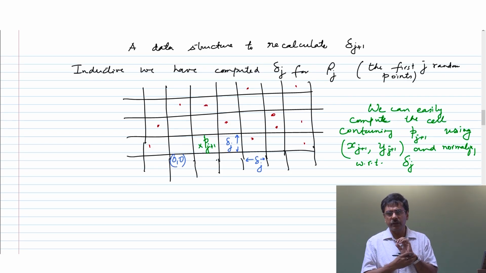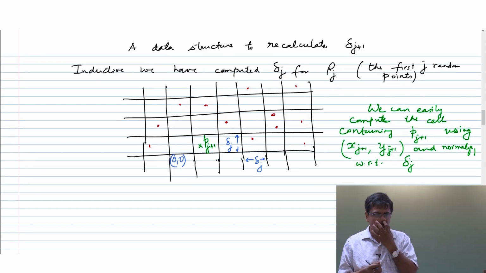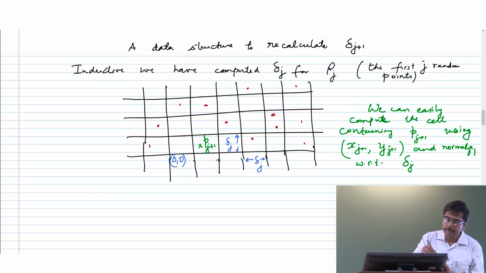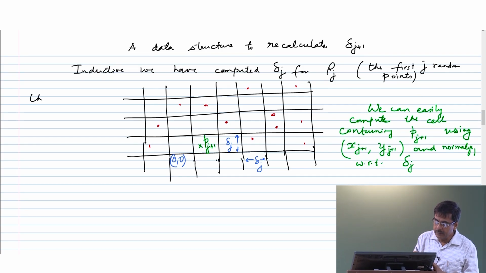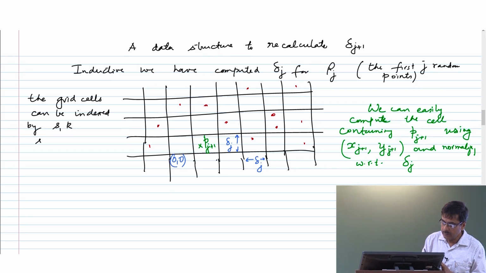So, what is the coordinate basically, which cell it is going to fall in. The cells are going to be numbered by some integers, cells can be like m, n kind of, right. So, maybe I should write it down. The grid cells can be indexed by, let's say, integers.